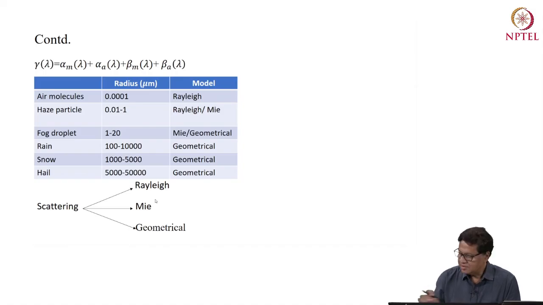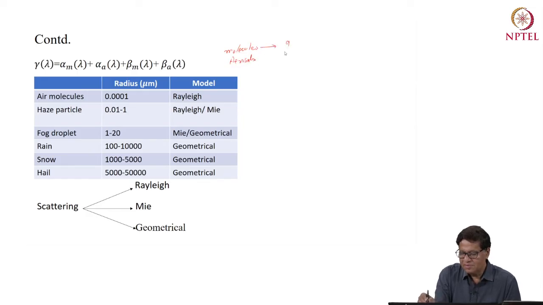So now let us understand this gamma lambda. What are the different components of the attenuation coefficient? The attenuation happens because of molecules in the atmosphere or the aerosols.